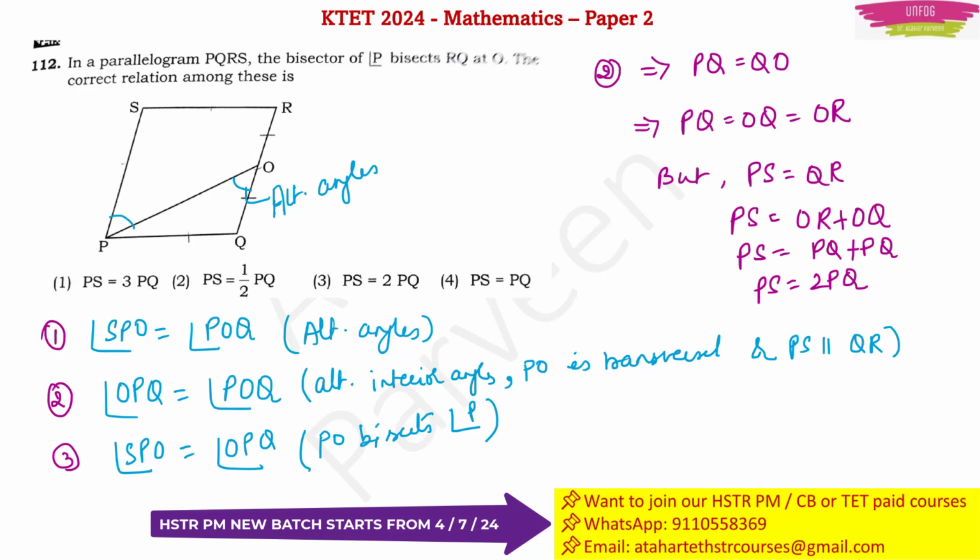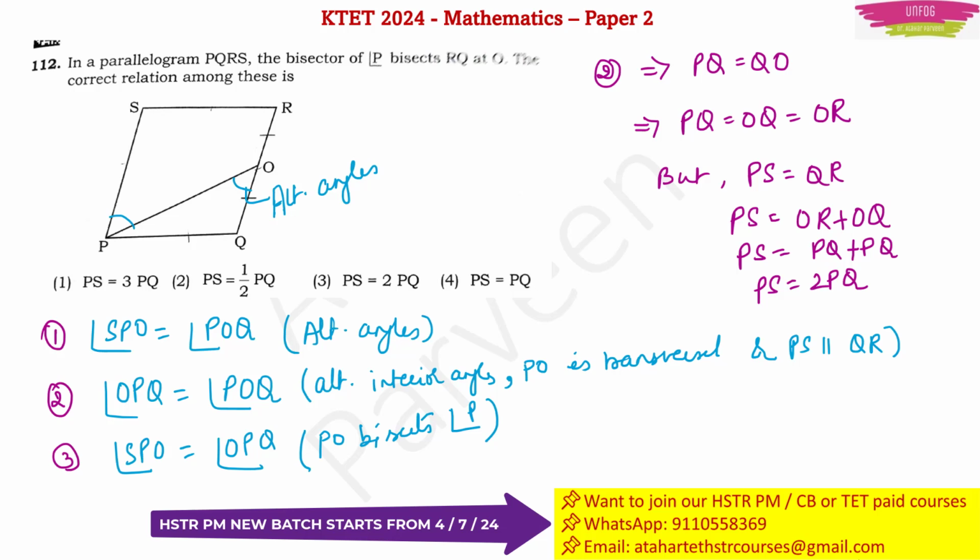But also because it is a parallelogram PQRS, I can clearly say that PS is equal to QR, right? Opposite sides are parallel and equal. But again here, QR is equal to OR plus OQ. And in place of OQ, I can write PQ, and in place of OR also I am writing PQ, because PQ, OQ and OR all are equal. So PS will be equal to 2 times PQ.